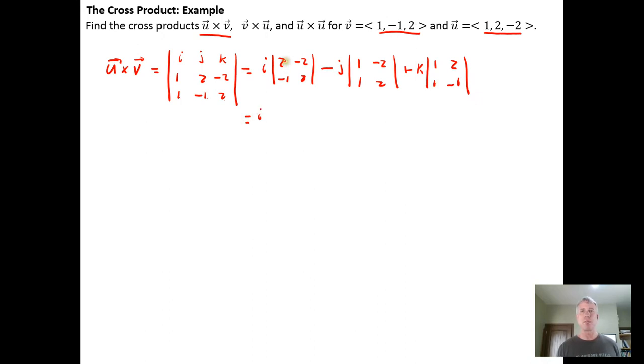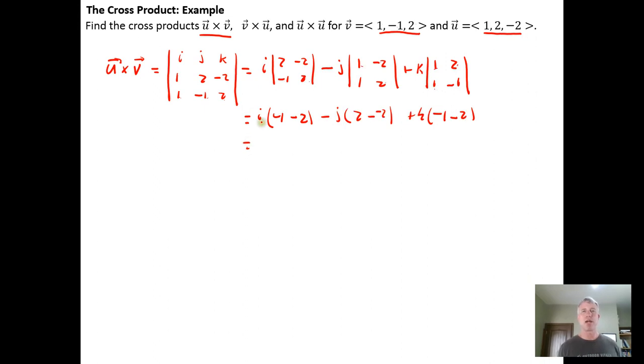It's going to be i times 2 times 2 is 4, minus negative 2 times negative 1 is 2, minus j times 1 times 2 is 2, minus negative 2 times 1 is negative 2, plus k times 1 times negative 1 is negative 1, minus 2 times 1 is 2.